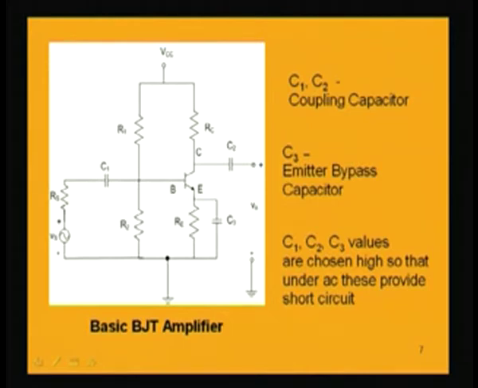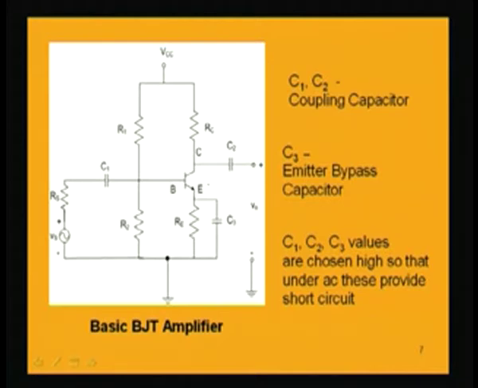So, the DC voltages which are present in this first stage of the amplifier will not be affecting the next stage, and the signal at the input will be only AC, because this capacitor will prevent the DC voltage from interfering into the second stage input. That is why this capacitance is called a coupling capacitor, because it is coupling the output from the first stage to the input to the next stage.